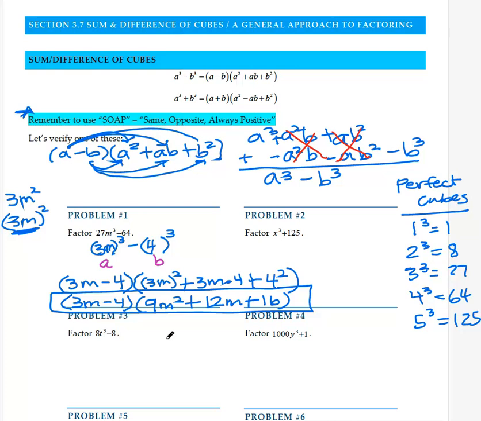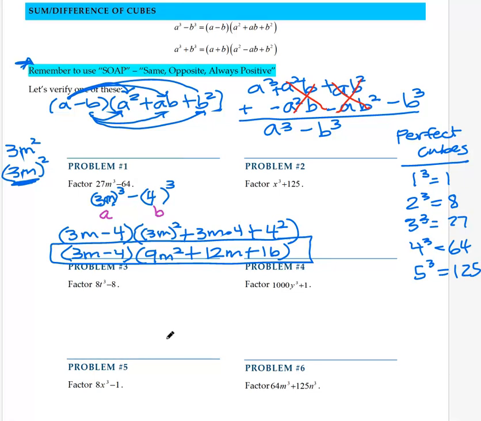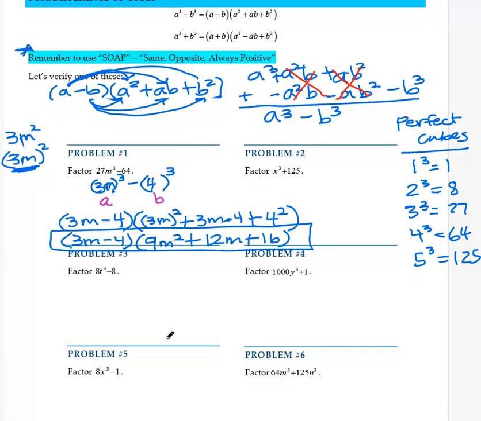All right, let's look at a couple of them here. On this one right here, I want you to notice that there is a greatest common factor. With any kind of factoring, we always want to make sure we take out the greatest common factor first. So let's go ahead and take that out.